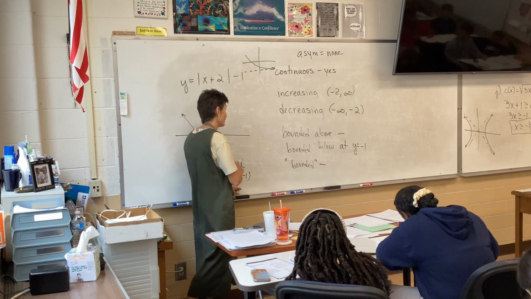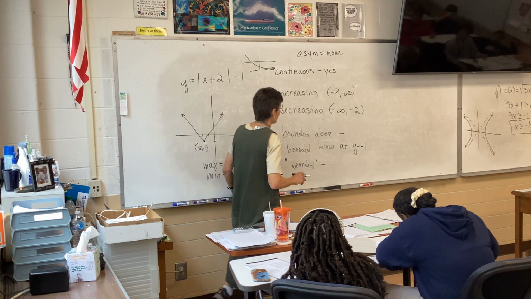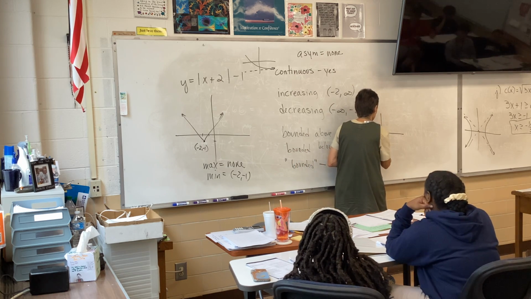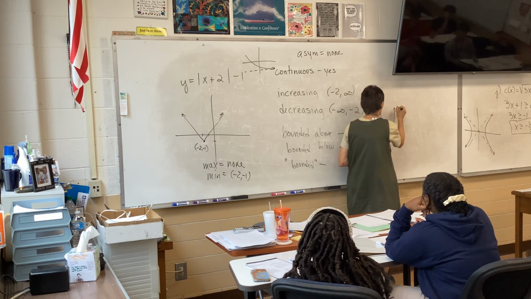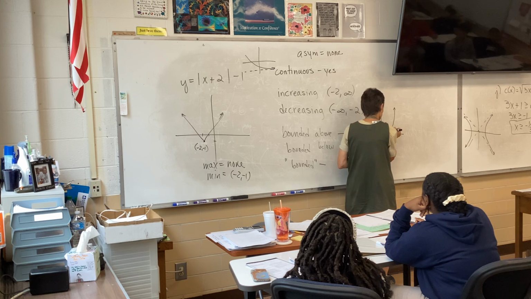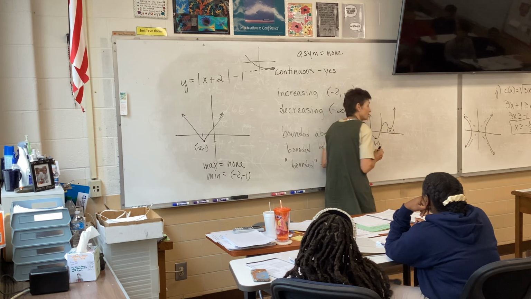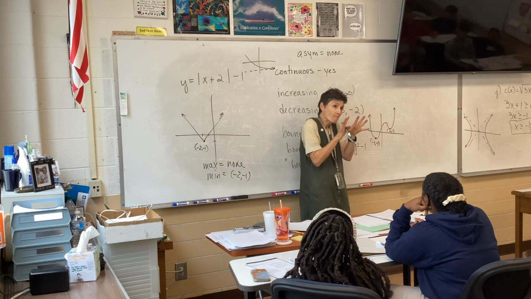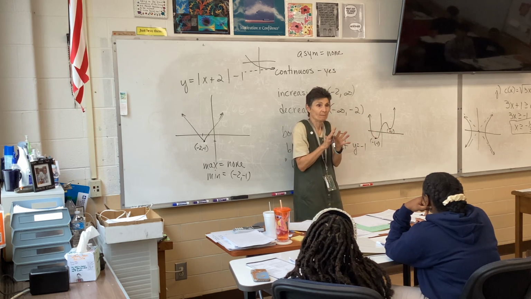Now, not pertinent in this problem, but I want to share something with you. Suppose we had a picture that looked like this. So we have this point, let's say that's -1, -1, and this is 2, 1. These 2 points are both considered minimums.